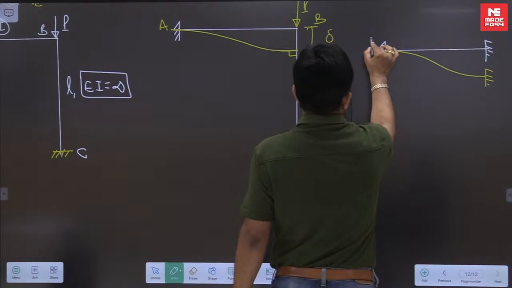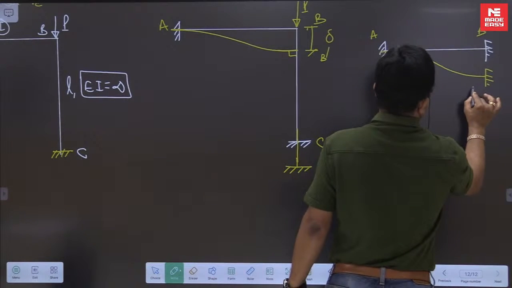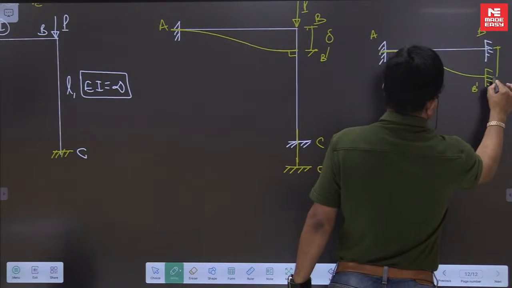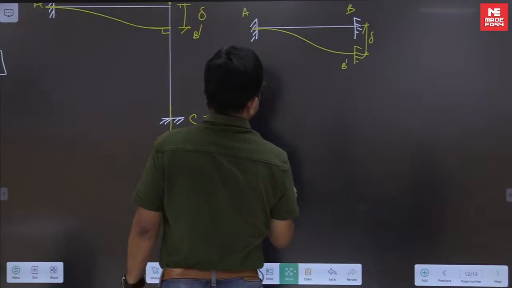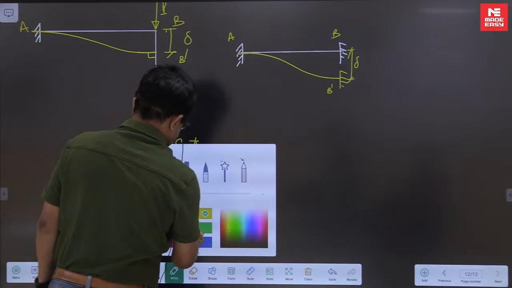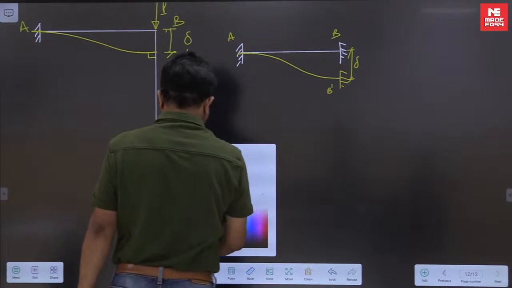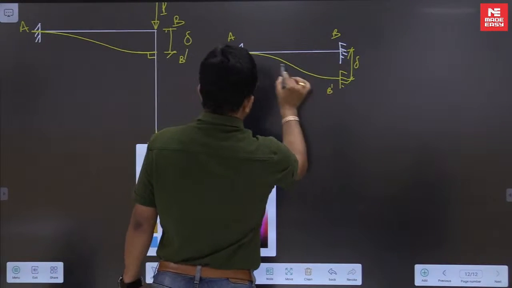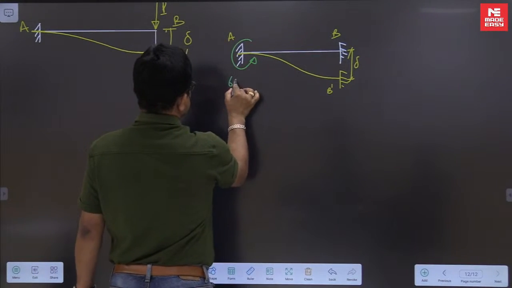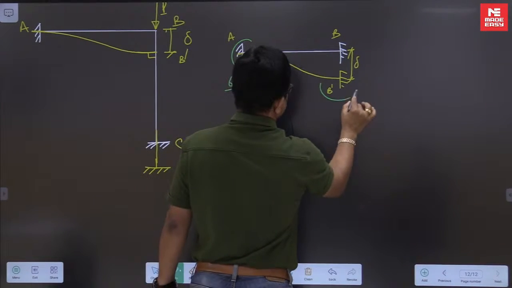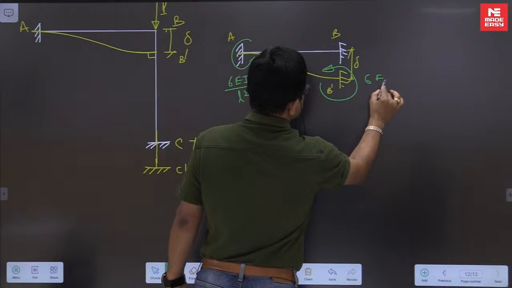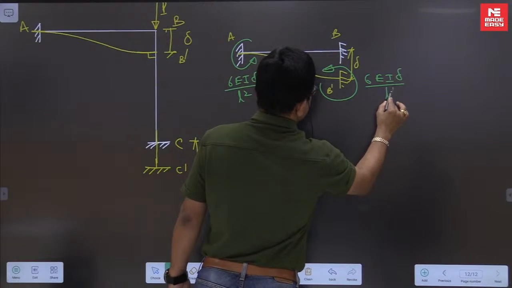For this profile, A, B will go to B dash. This value, let us say delta. See, it is a non-deflection profile for us. This is 6EI delta by L square, 6EI delta by L square.